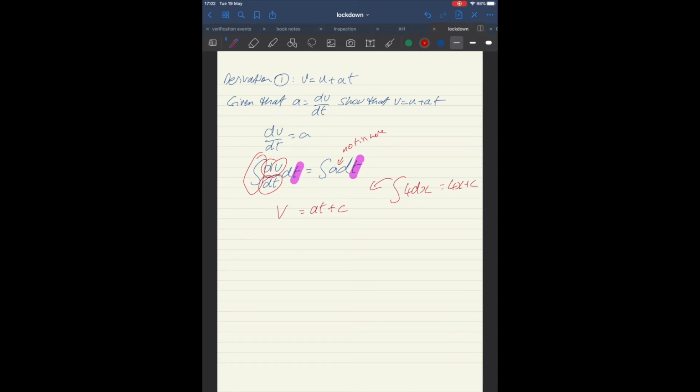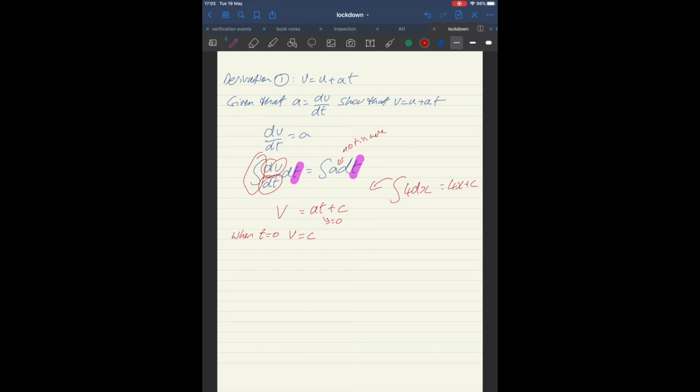Now it's starting to look familiar already, but here's the thing that's challenging. How do you get rid of the constant? And here's what you say, and it's the same trick for the next proof as well. When t equals 0, v equals c. Well, that makes sense, because if you make t equal to 0, you get a times 0 plus c. So this bit just disappears, that bit becomes 0.